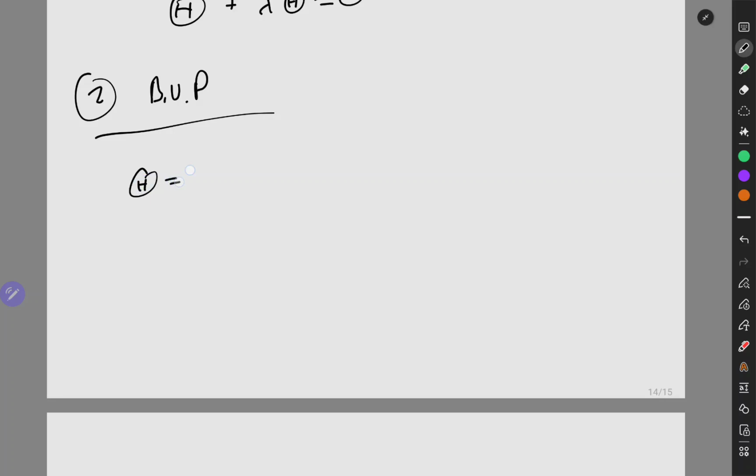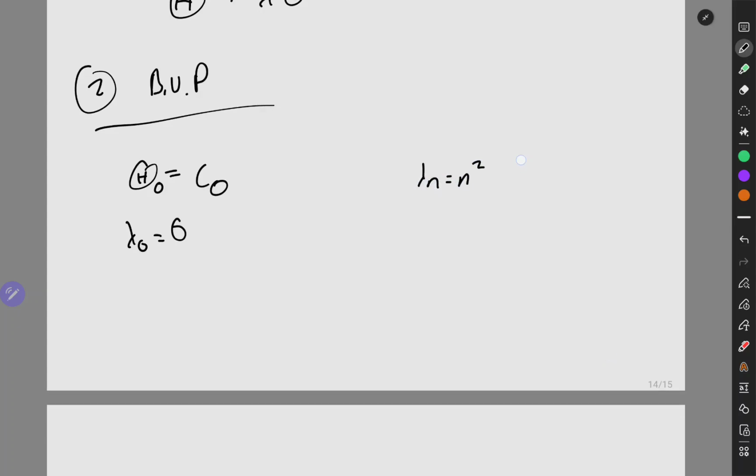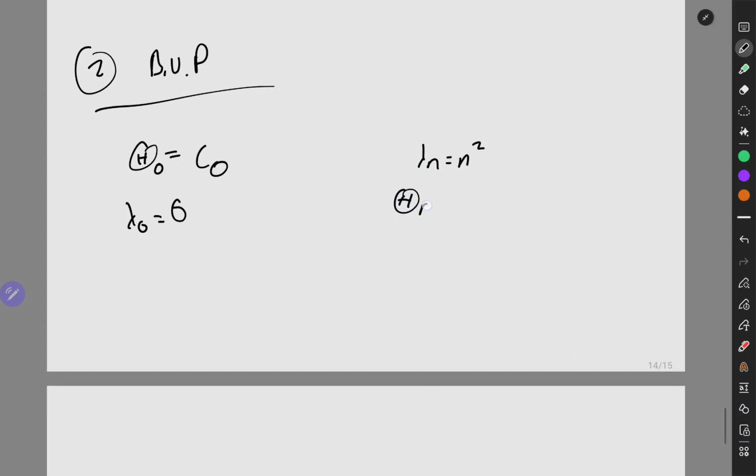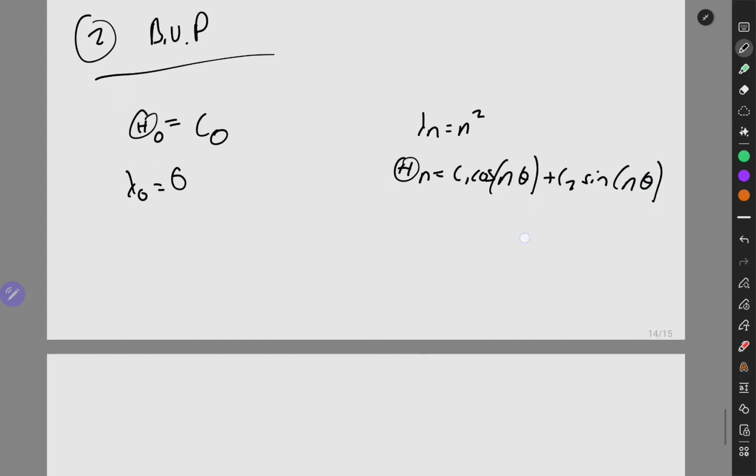Remember, we have 2 for this one. Theta naught equals C naught. And we have, so that case, we also have this one here. Right, so that should be that for that. Let me make sure that's right, what I have here. I'm not sure what I did. I don't know why I have that written there. Okay.